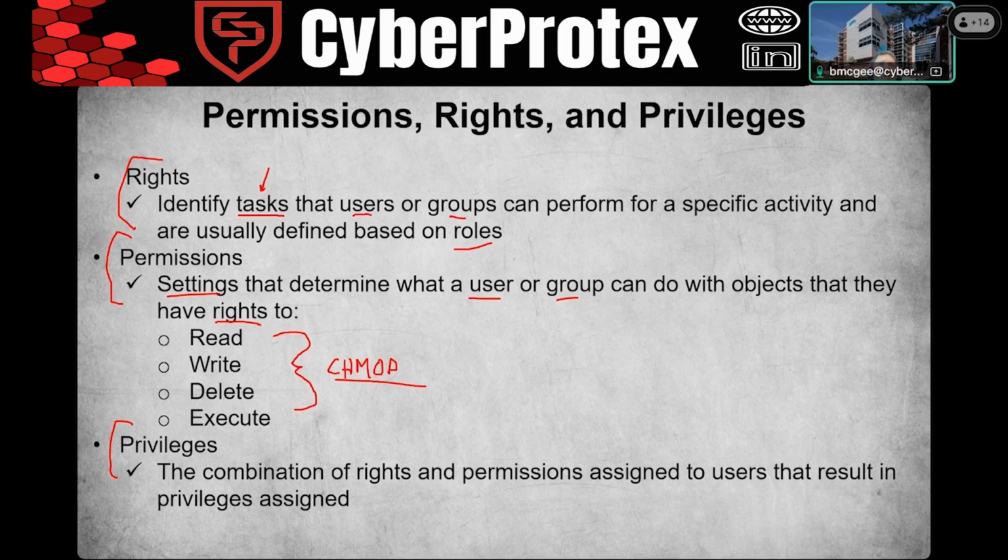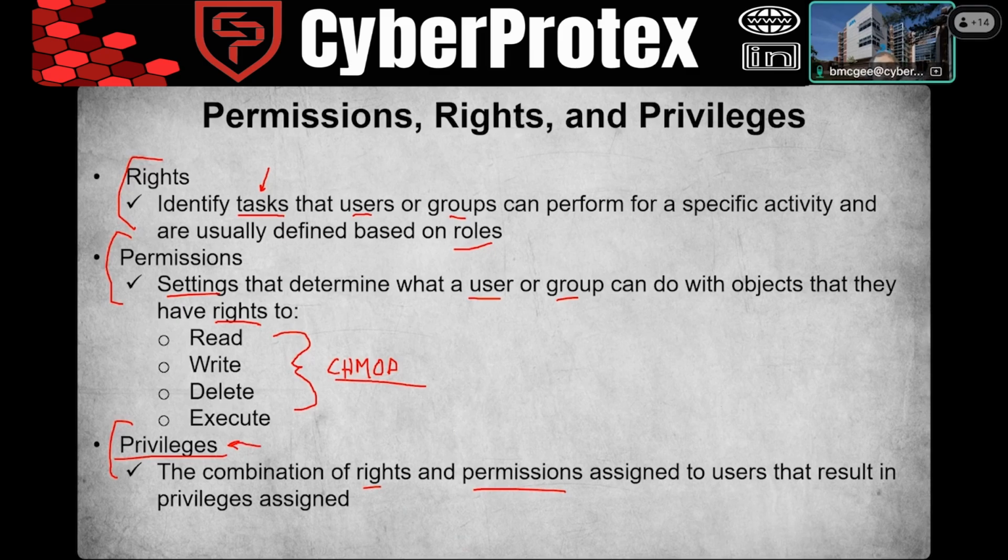Like, what permissions do you have to be able to do with files or folders or groups, and then the privileges are the combinations of the rights and permissions. So usually people just say, well, what privileges should we get?